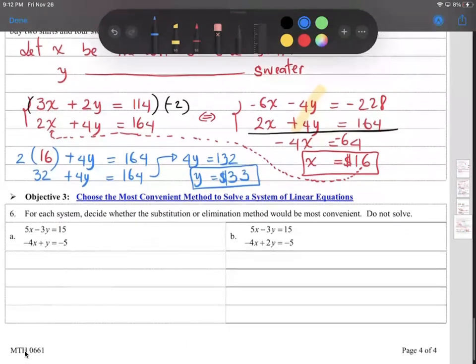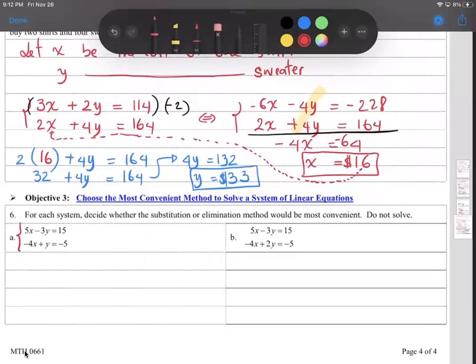The last objective: choose the most convenient method to solve a system of equations. For part A, maybe pause the video a little bit and try to answer this question on your own before I give you the answer. So for part A, I claim that I'm going to use substitution. There's nothing wrong if you use elimination, unless it specifies otherwise.